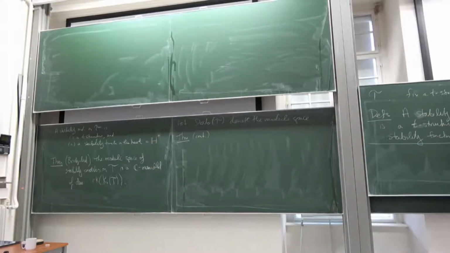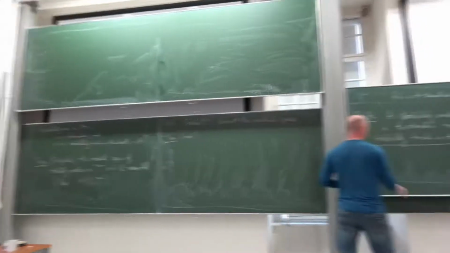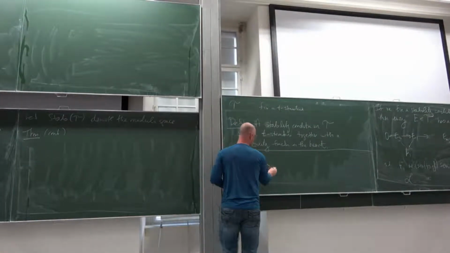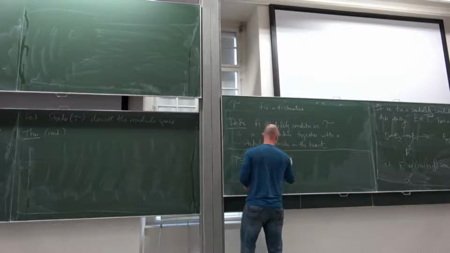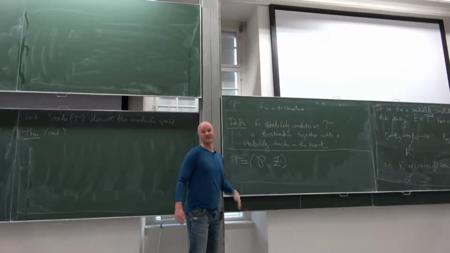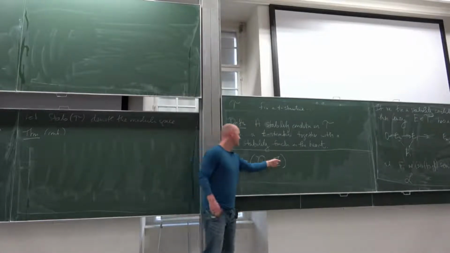So I'll come back to this. A stability condition on T is usually denoted by a pair like this. This set P tells you what the semi-stable objects in the heart are, and the semi-stable objects in the category are the shifts of the semi-stable objects in the heart. And then this is the central charge.